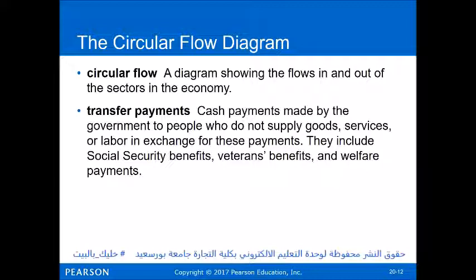These are cash payments made by the government to people who do not supply goods, services, or labor in exchange for these payments. They receive these payments with no effort done on their part to produce goods, services, or labor. They include Social Security benefits, veterans benefits, and welfare benefits.